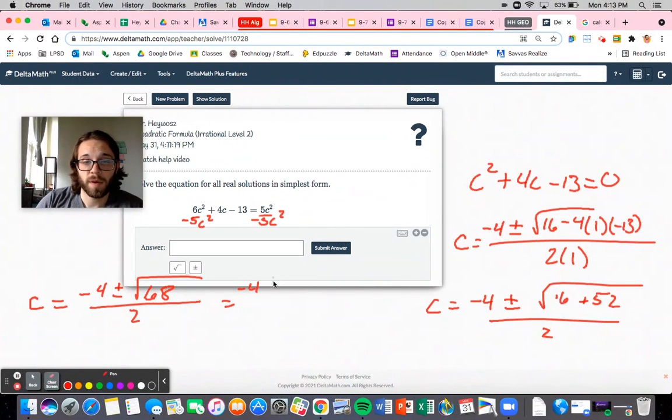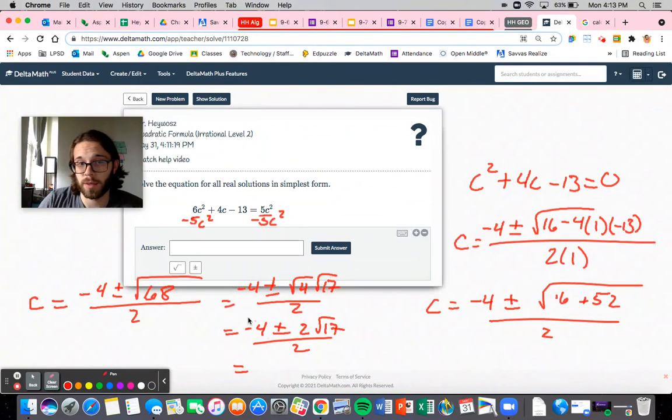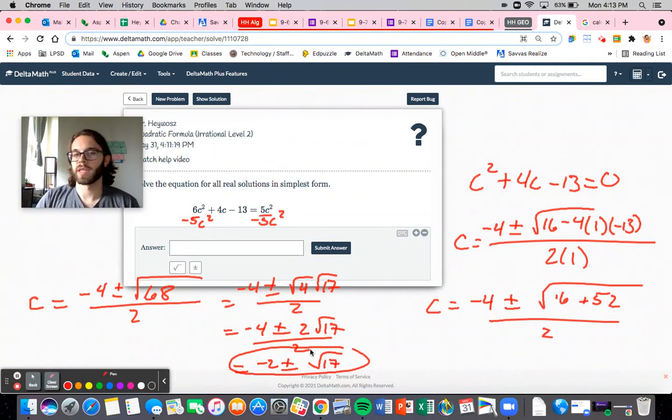So that'd be -4 plus or minus square root of 4, square root of 17 over 2, which is equal to -4 plus or minus 2 root 17 over 2, which is equal to, and again, because all of these have a 2 in them, right? 2 times 2. So I have -2 plus or minus, that cancels out, and here's my answer. -2 plus or minus root 17.